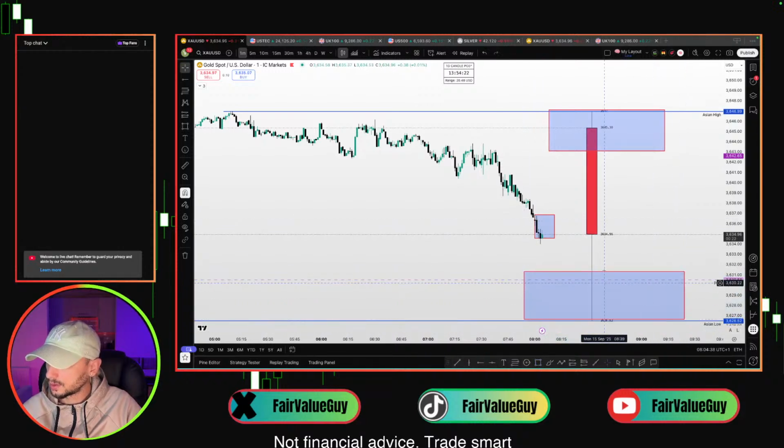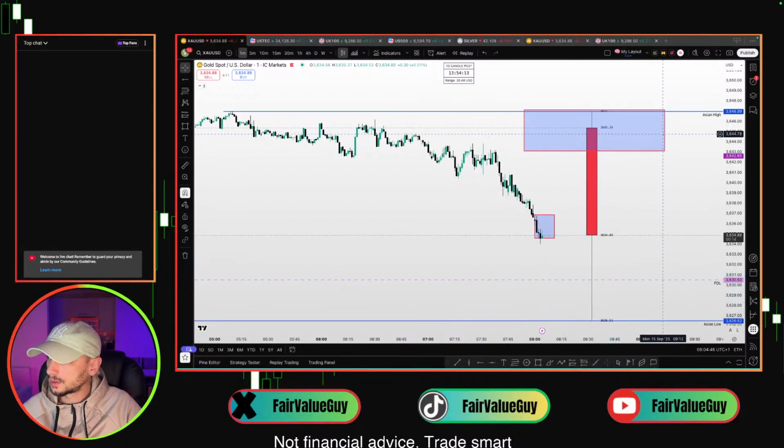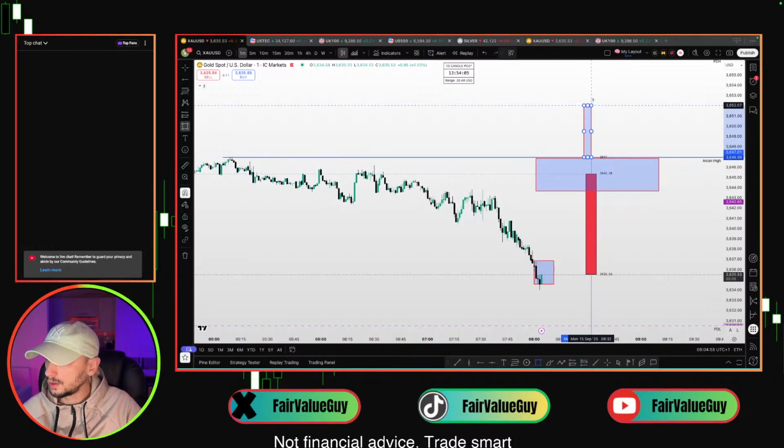We want to be the wick of the candle. That's why I turned it on. Or continuations. We want to trade here for this push here and the wick after that, maybe for short.